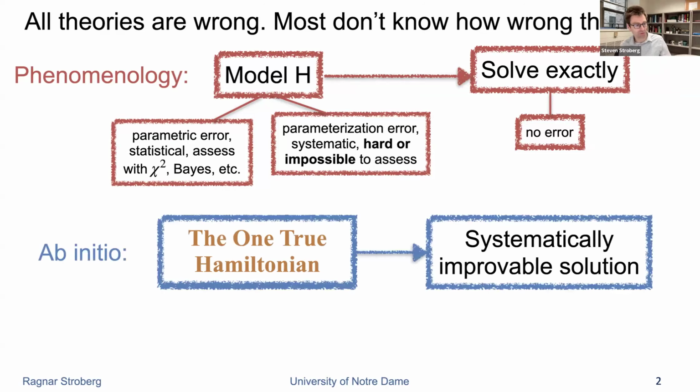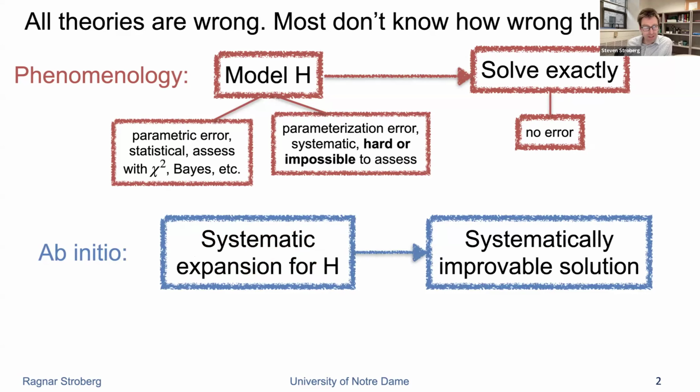The ab initio way of going about things is that you take not the model Hamiltonian, but the true Hamiltonian, and then you solve it systematically. Of course, in nuclear physics, there is no such thing as the one true Hamiltonian. That doesn't make sense at nuclear scales. So what you need is some sort of systematic expansion that will get you close enough so that you can do useful things.